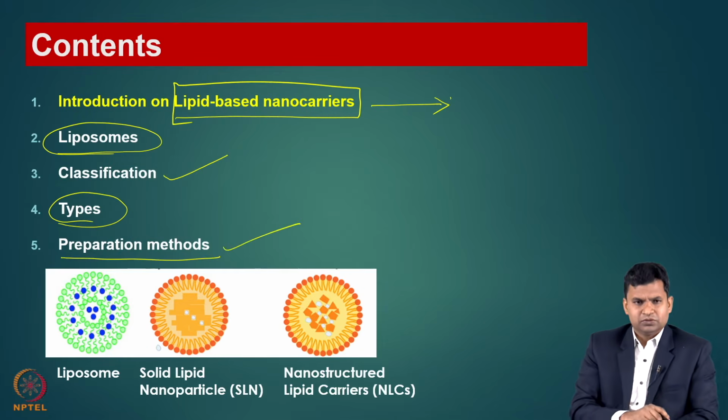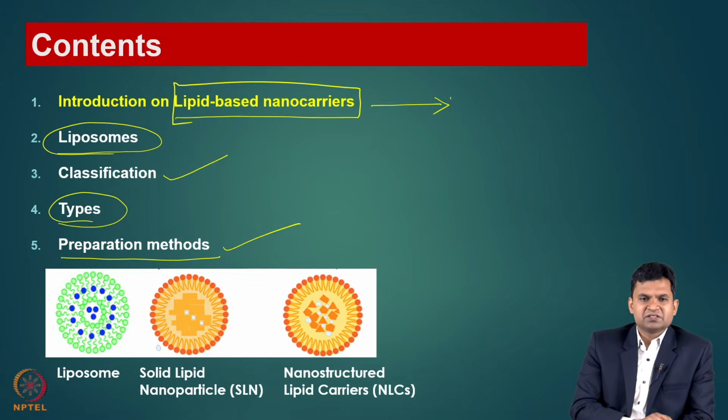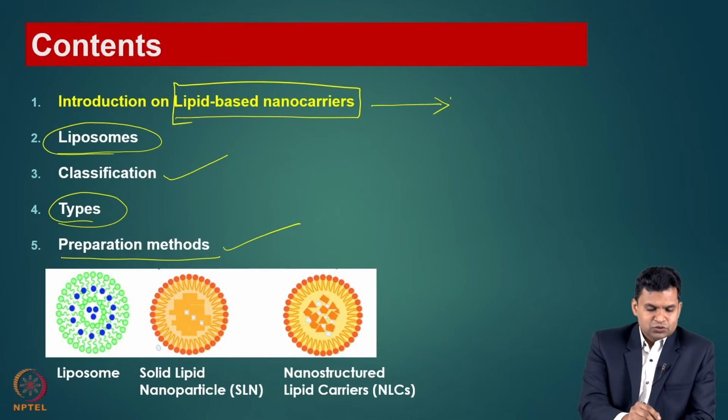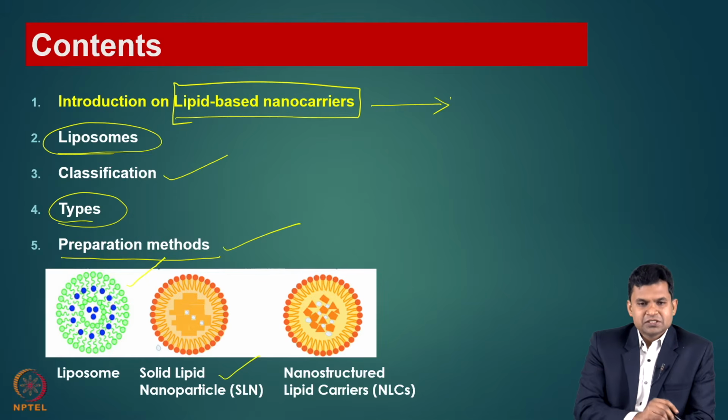As we know, lipid based nanocarriers can be classified based on their structures and their size. Here are a few examples. The first category is liposomes, the second is solid lipid nanoparticles, and the third one is nanostructured lipid carriers.